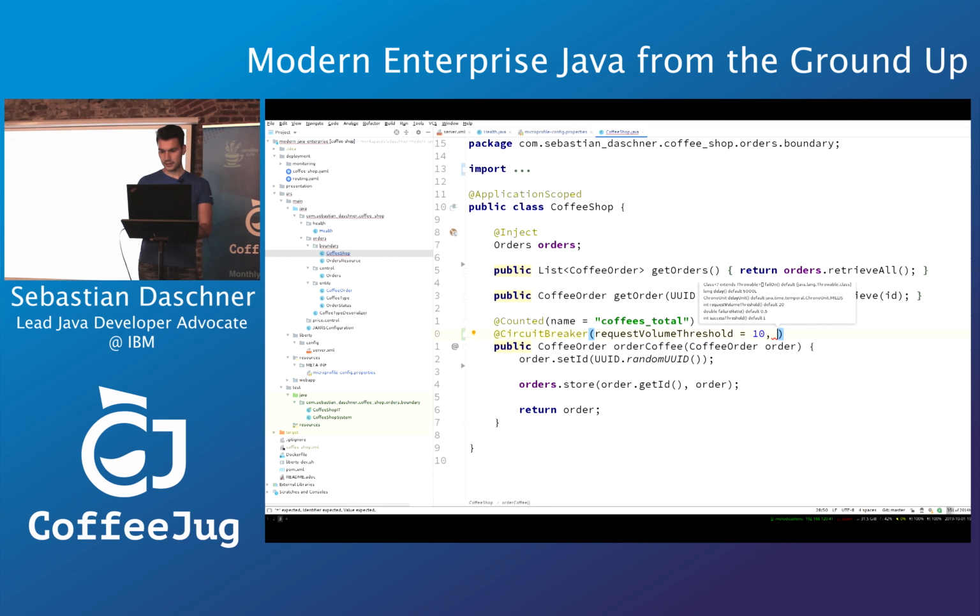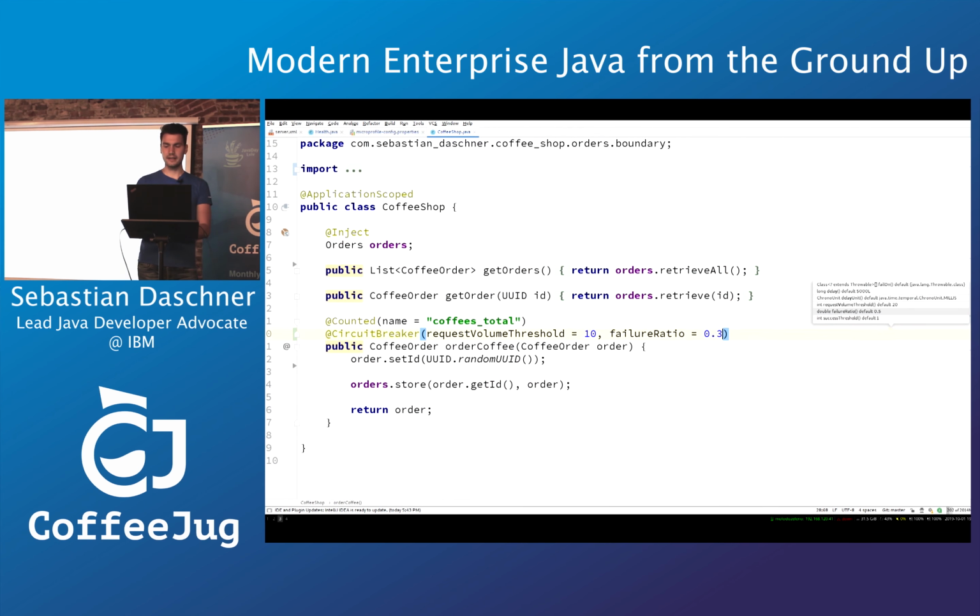Have a look at whether the failure ratio exceeds 30%, for example. And if that is the case, then open the circuit, right? Then don't invoke the method anymore, immediately throw an exception. Or wait for a delay, per default, let's now change it to 3 seconds, and then the circuit is closed again, right?